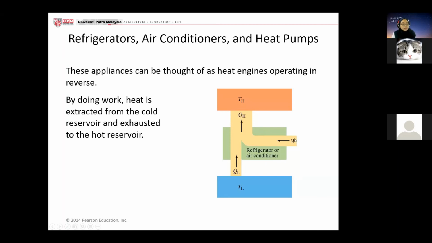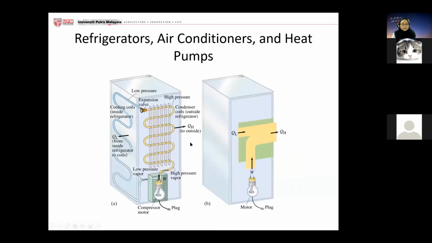If you have a refrigerator here, this is the graphical representation of the figure just now. If you ever look behind your refrigerator, it always looks something like this. You will have your compressor down here, and the temperature outside is your heat reservoir.